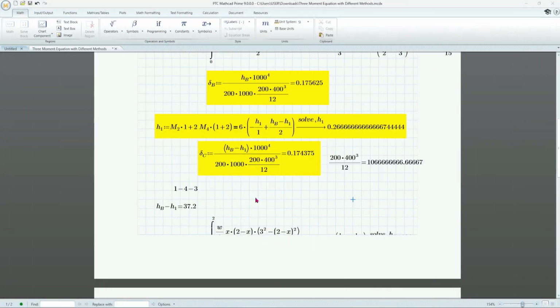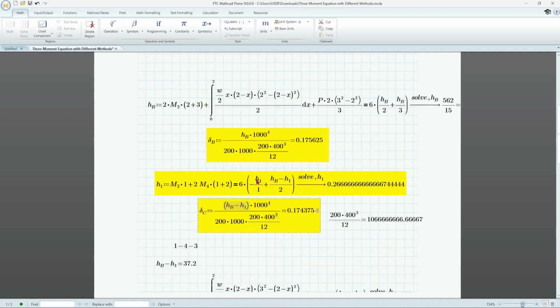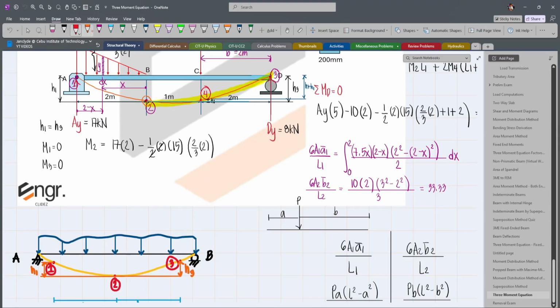Now, alternatively, diba, sa equation natin kanina, we solved H1 first, and then, ito yung value ng H sub C, essentially. Yung deflection at C in Kn times m cubed. However, if you want to obtain H sub C right away, then we can modify this one. Diba, if we are to check our figure, redraw ko na lang para mas malinaw talaga. Ito yung naging assumption natin.